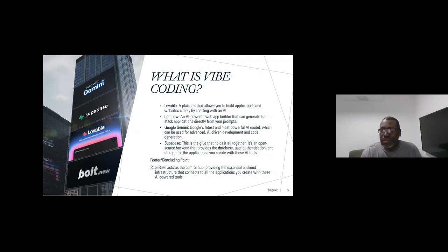There are quite a few services out there that enable you to vibe code. There's a platform called lovable.dev, as in that's the domain name. If you type that into your browser, you'll get to the website. That allows you to, again, type in what you want and get what you want. The next one is another platform called bolt.new.